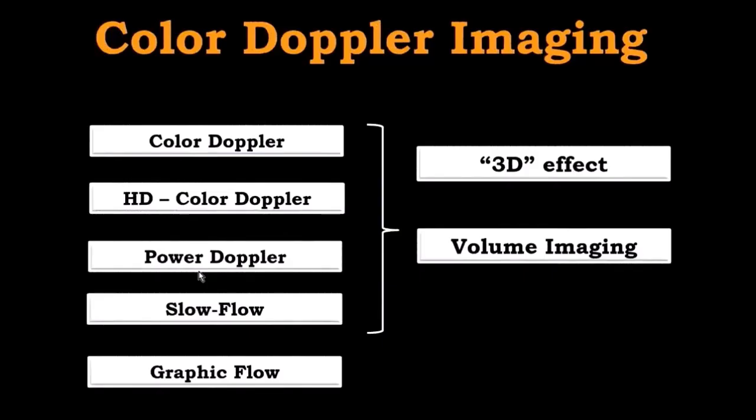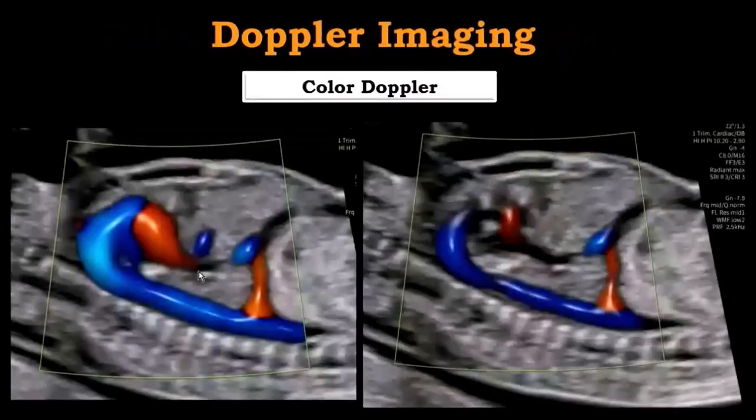And as you can see, our menu of the Doppler imaging techniques includes a lot of possibilities. We have the conventional color Doppler, the HD color Doppler, the power Doppler, slow flow, graphic flow, and most of those modalities can be combined with the volume imaging and presented in the 3D effect, which is the radiant flow.